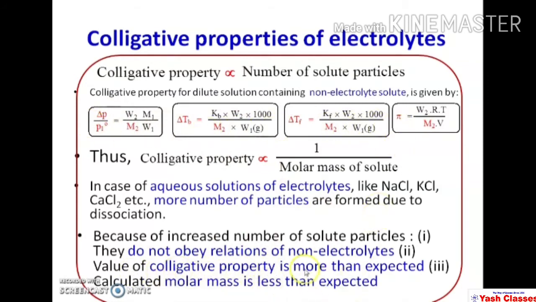Value of colligative property is more than expected, as already I told you, because of dissociation more number of particles are formed for electrolytes, and therefore colligative property is more than expected. And molar mass is less than expected, because colligative property is inversely proportional to molar mass.